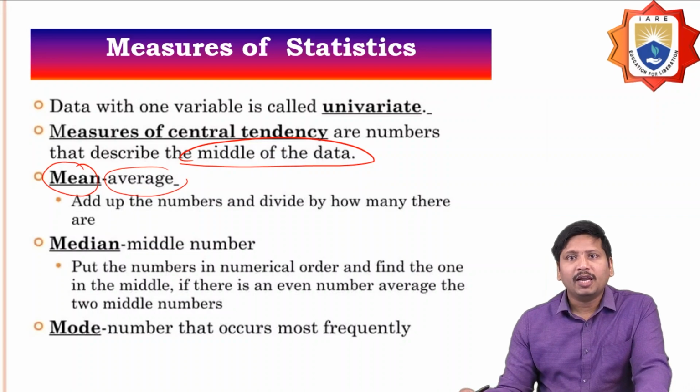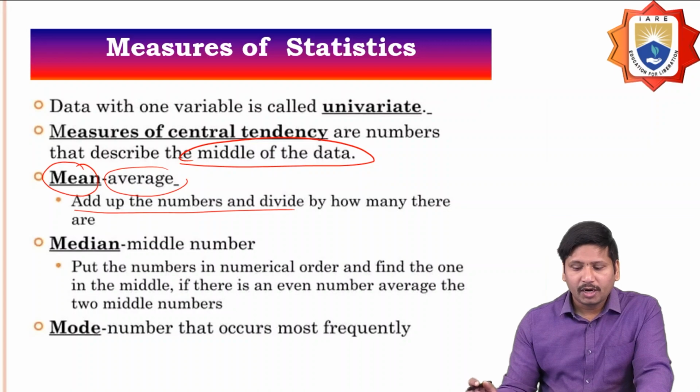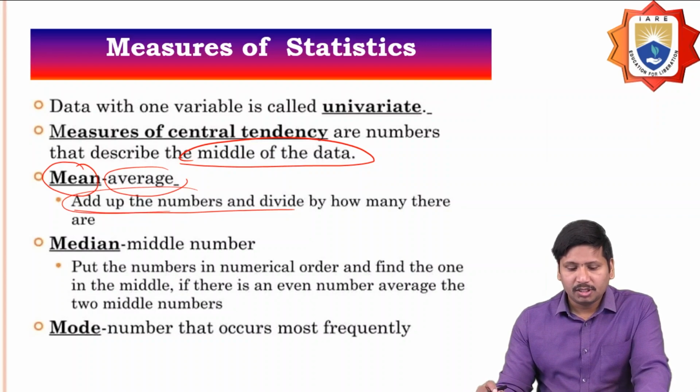The mean is calculated by adding up the numbers and dividing by how many numbers there are. So we take the sum of the numbers, and divide by how many numbers there are. That is the mean calculation.